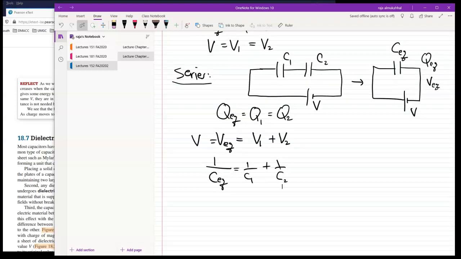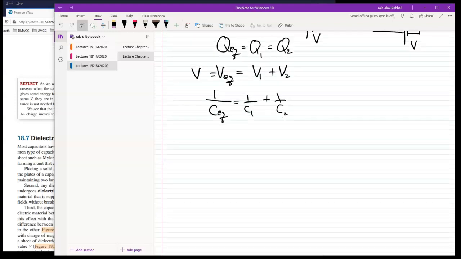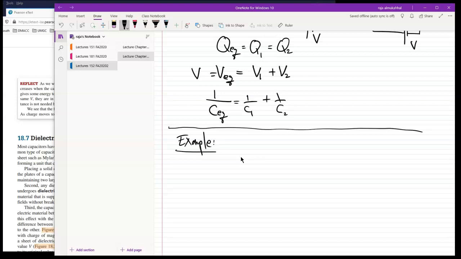So let's do a problem here. Let's say, for example, this is an example from my own notes. Two examples, actually. This is example 1.